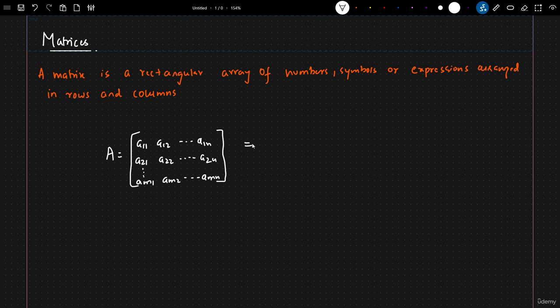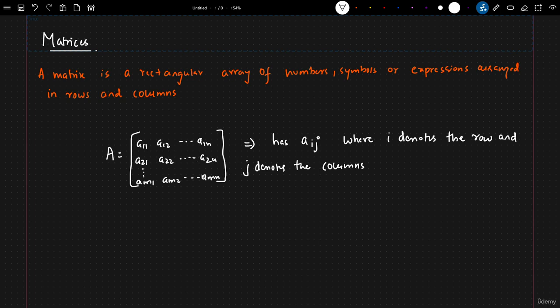So here A is a matrix, and it has elements Aij, where i denotes the row and j denotes the columns, okay. And if I consider the general form of a matrix, this is how we specifically denote it, okay.